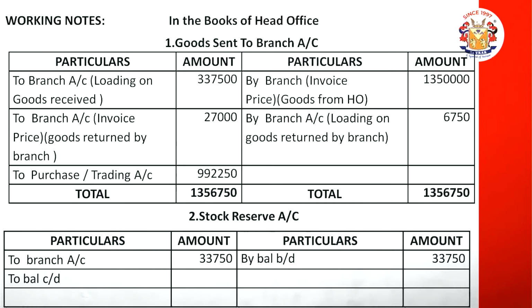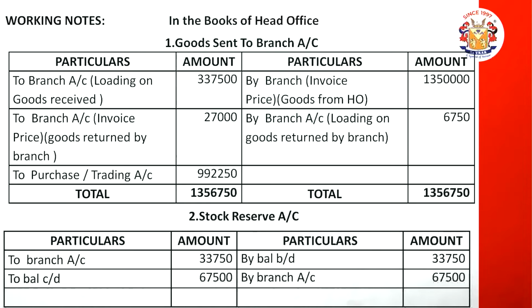In the current year, 67500 unrealized profit in closing branch stock will be carried forward, and hence such unrealized profit in closing branch stock would be credited to stock reserve account because stock reserve is going to rise, but branch account would be debited.